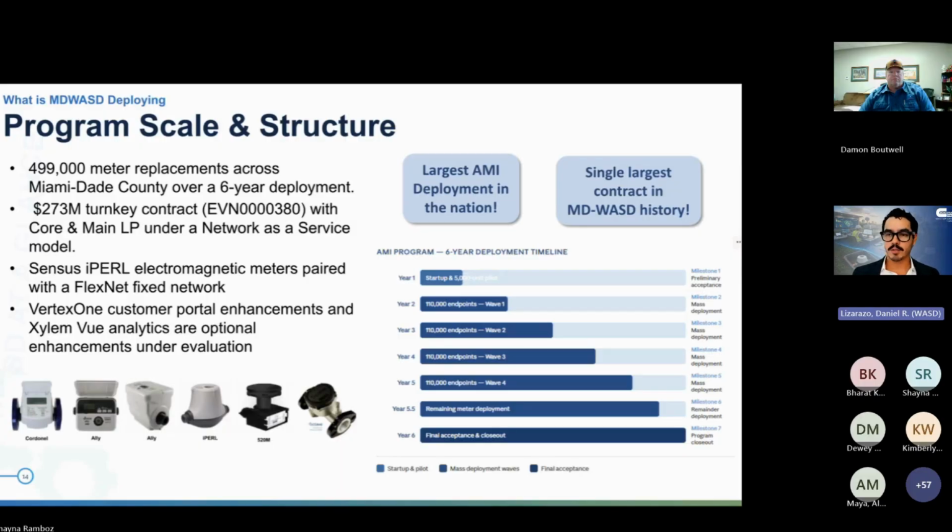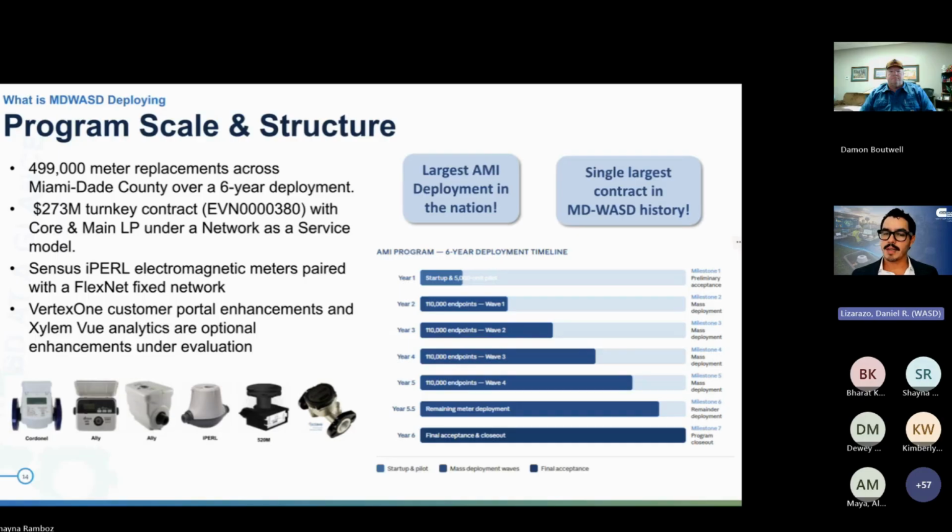We also have some software packages included in our scope, being the VertexOne customer portal and some other enhancements that we're currently evaluating with Xylem Vue and a few other analytics that we may be looking to get out of our AMI rollout.